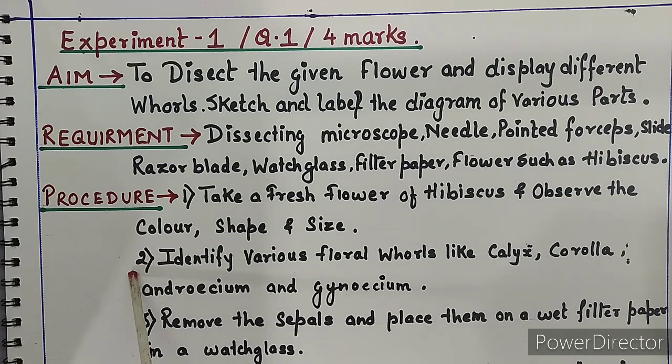Second, you will identify various floral whorls in the hibiscus flower, like calyx, corolla, androecium and gynoecium.